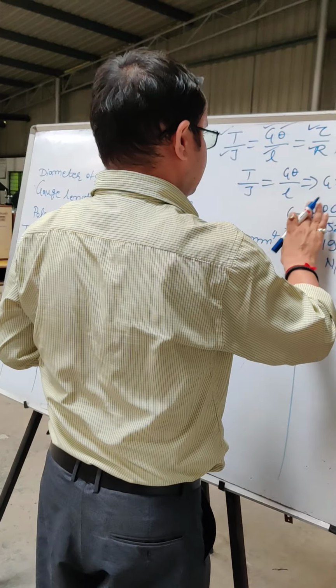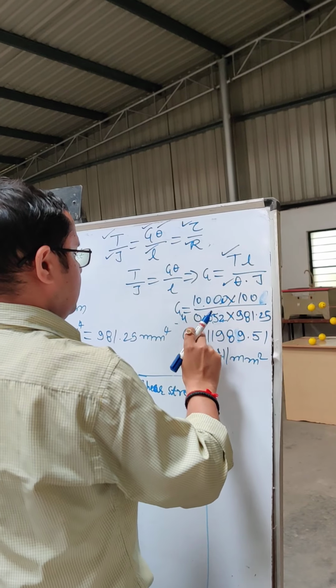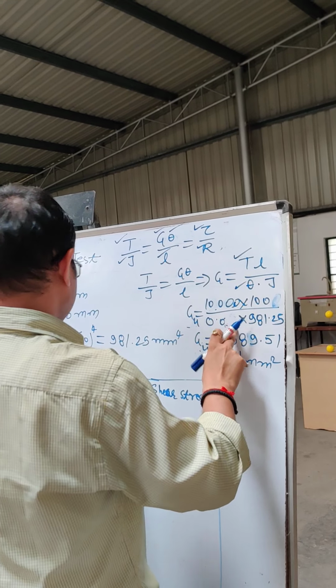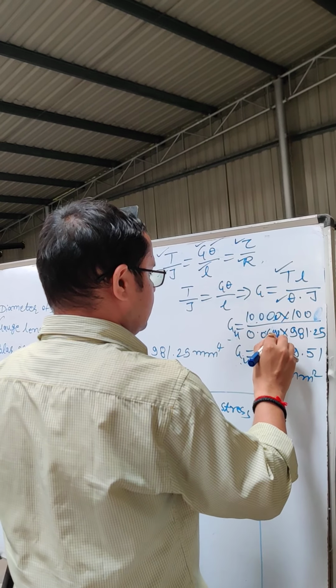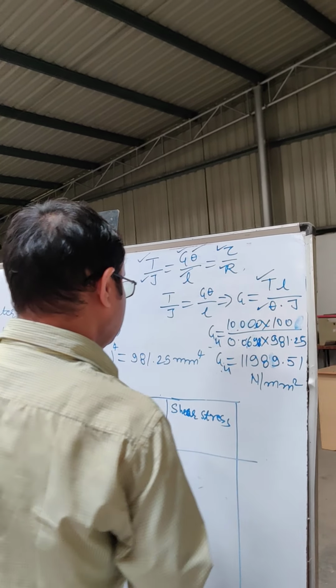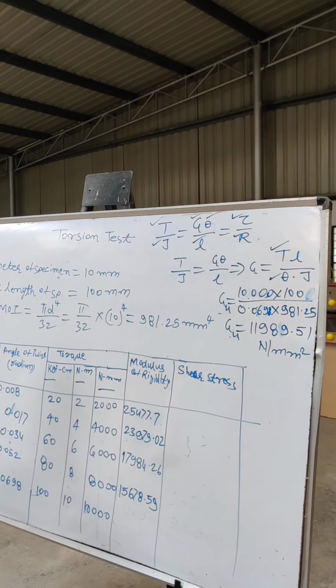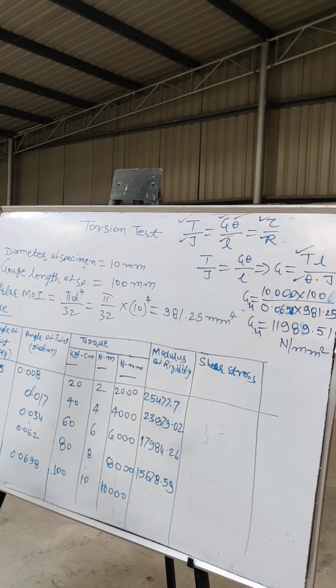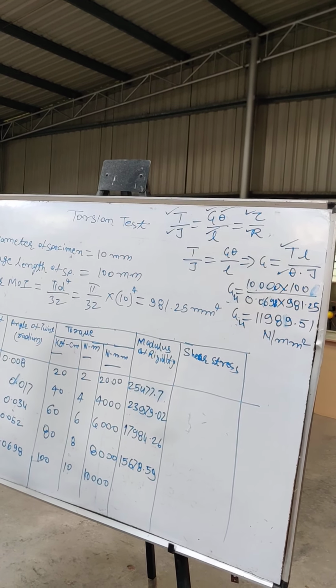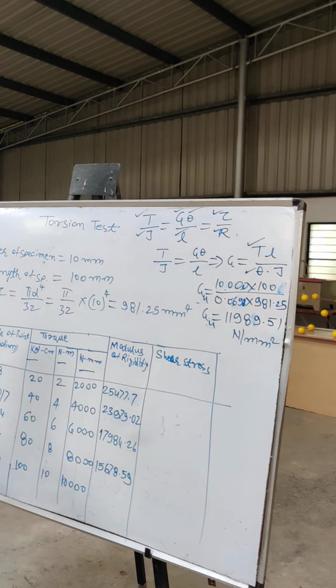We have to change again. The value is 10,000 and here we have to change the angle to 0.0698, and again this is 10,000.